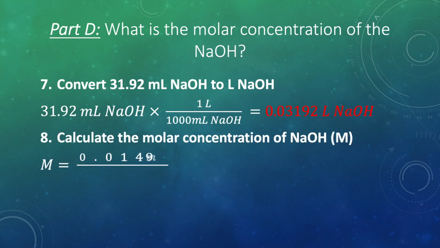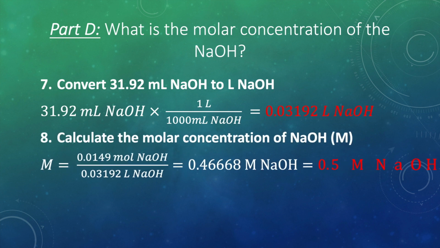Then we have to calculate the molar concentration of sodium hydroxide, which is the molarity, and that would be 0.0149 moles of sodium hydroxide divided by 0.03192 liters of sodium hydroxide. Whenever we divide those, we get 0.466668 molarity sodium hydroxide, and that would equal 0.5 molarity sodium hydroxide when we round that up.